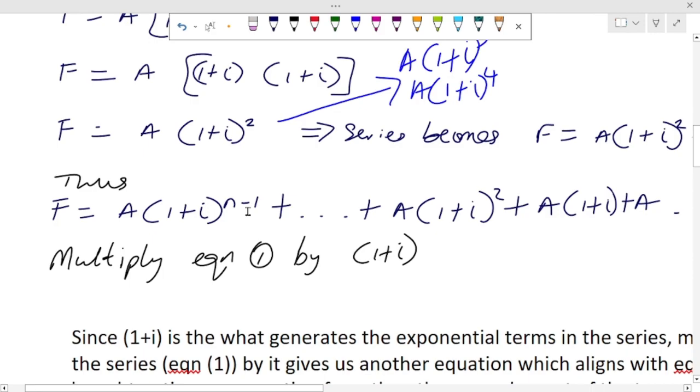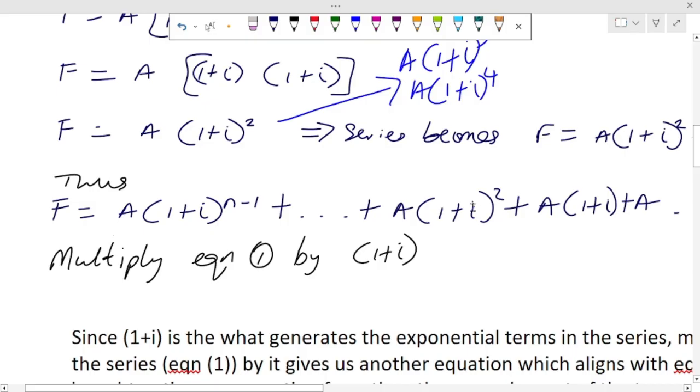Here will be what? The same thing in everything here, raised to power n minus 2, n minus 3, n minus 4, until you get back to all this raised to power 3, all this raised to power 2, all this raised to power 1, and then of course all that raised to power 0 will lead to just having only A. So this is first year plus second year plus third year and so on until the nth here. Now you see this is a series.